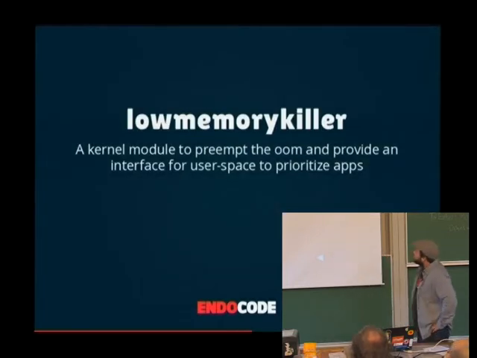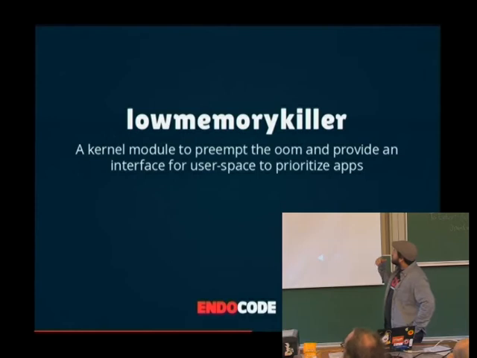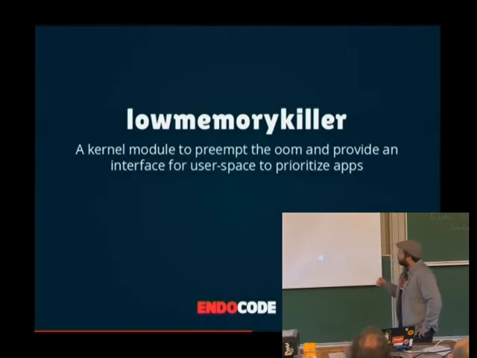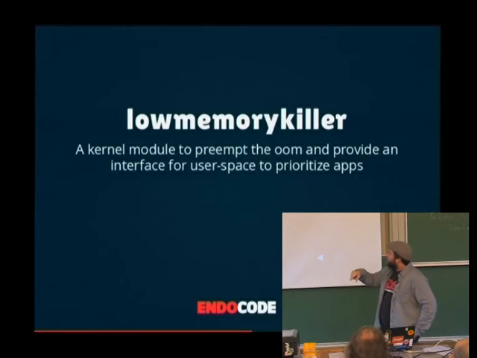Okay, so it uses this information, like I said, to pass it to the low memory killer. This is kind of a prelude to the kernel changes we're going to talk about a little bit, but it's important to talk about it now because the Activity Manager and the low memory killer work together.